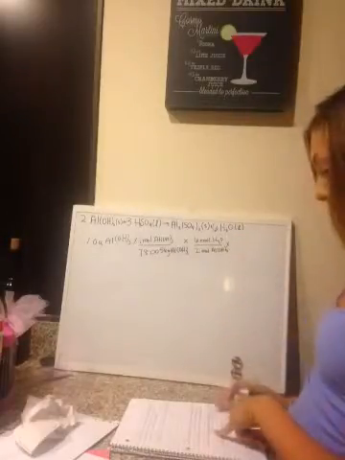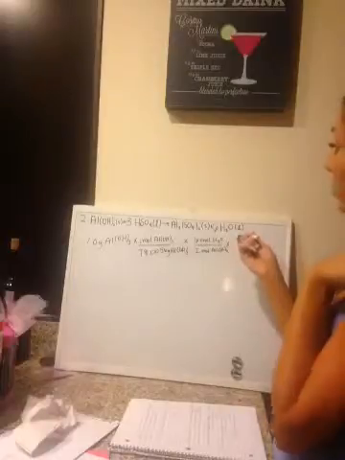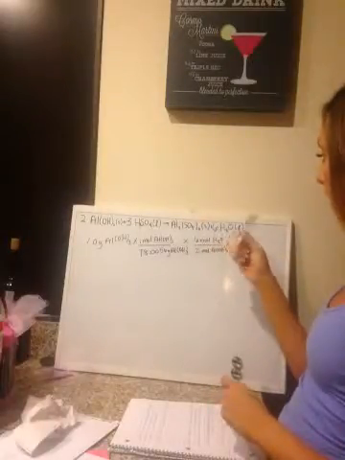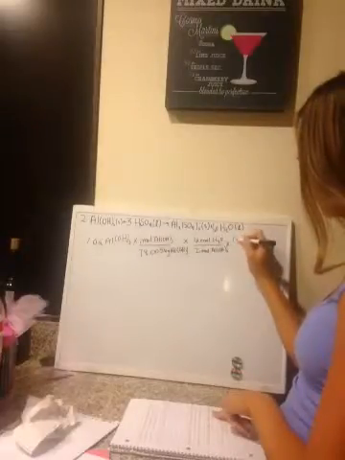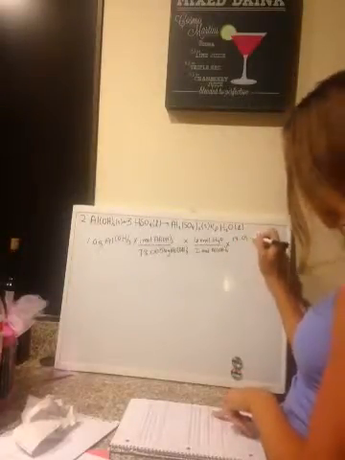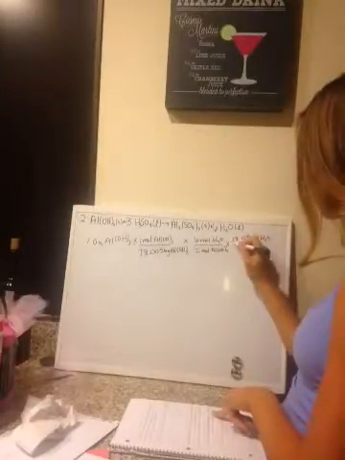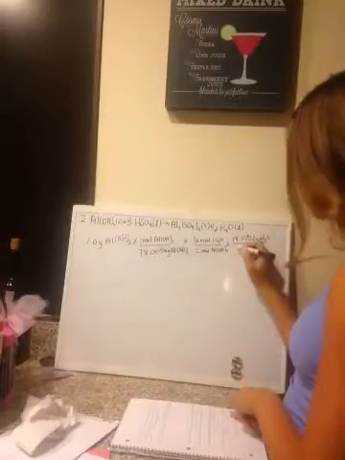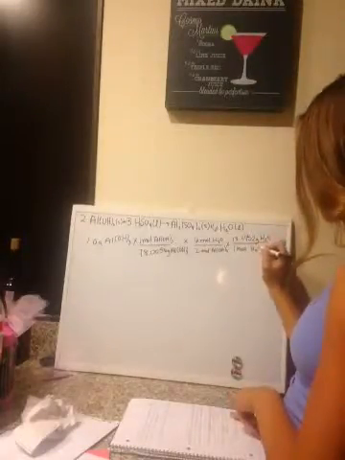And then, since we're trying to find the mass of the H2O, we multiply it by the mass of H2O normally. So what that is, 18.0152 grams H2O over 1 mole of H2O.